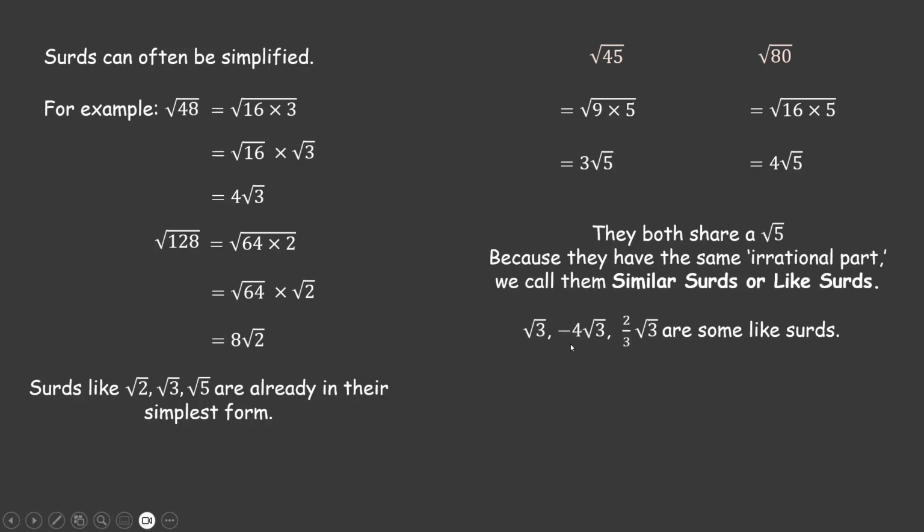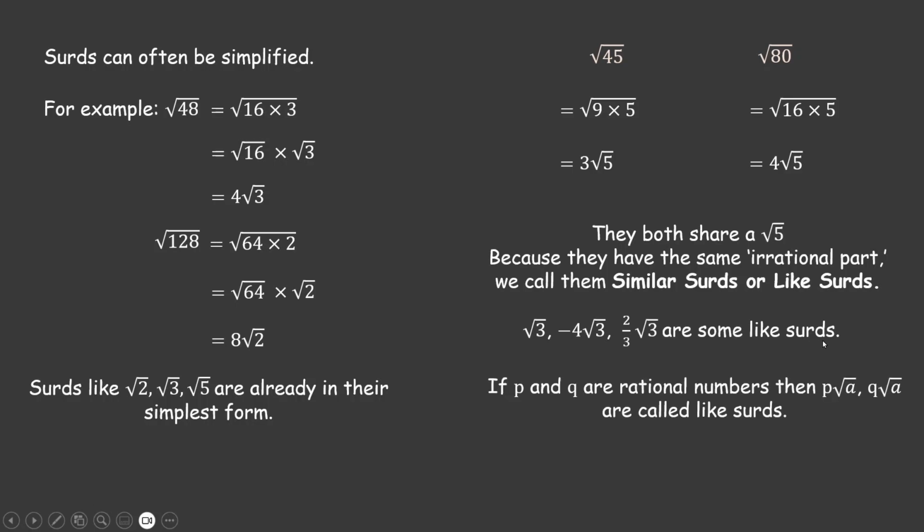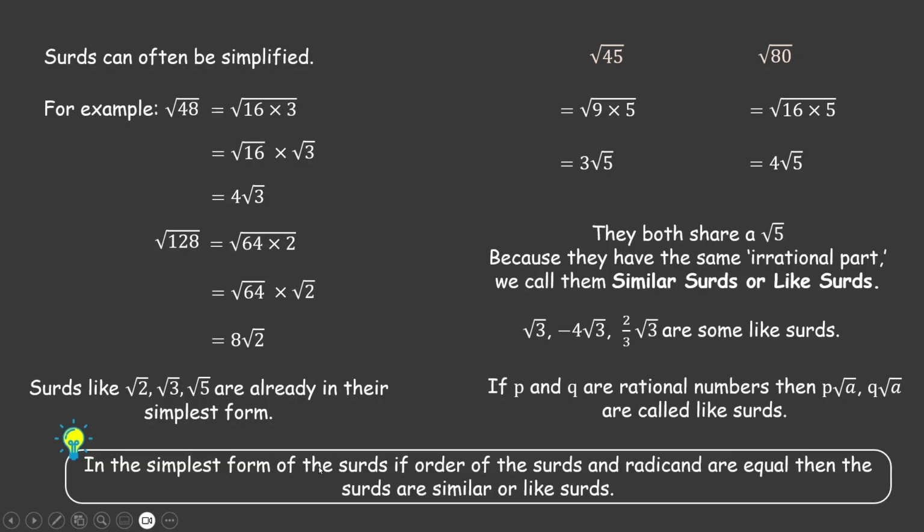Root 3, negative 4 root 3, 2 by 3 root 3. These are all examples of like surds. So if P and Q are rational numbers, then P root A, Q root A are called like surds. So we can conclude that in the simplest form of the surds, if the order of the surds and the radicand are both equal, then the surds are similar or like surds.